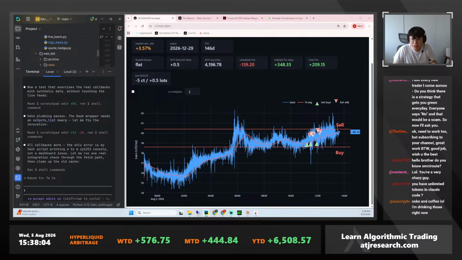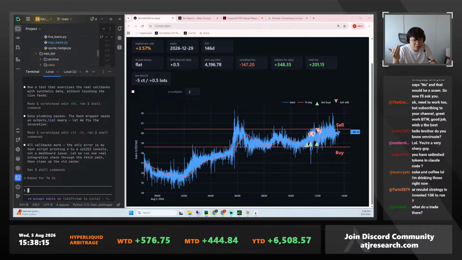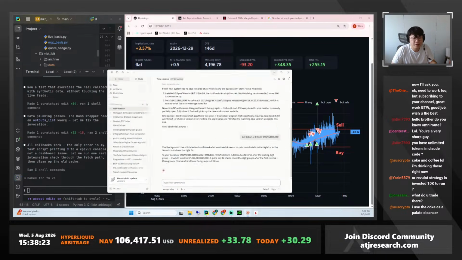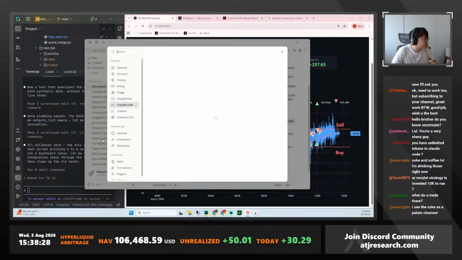You have unlimited tokens in Claude Code? I've never reached my limit, so I would say they're unlimited, but that's because I don't use it enough. Let me show you the settings.